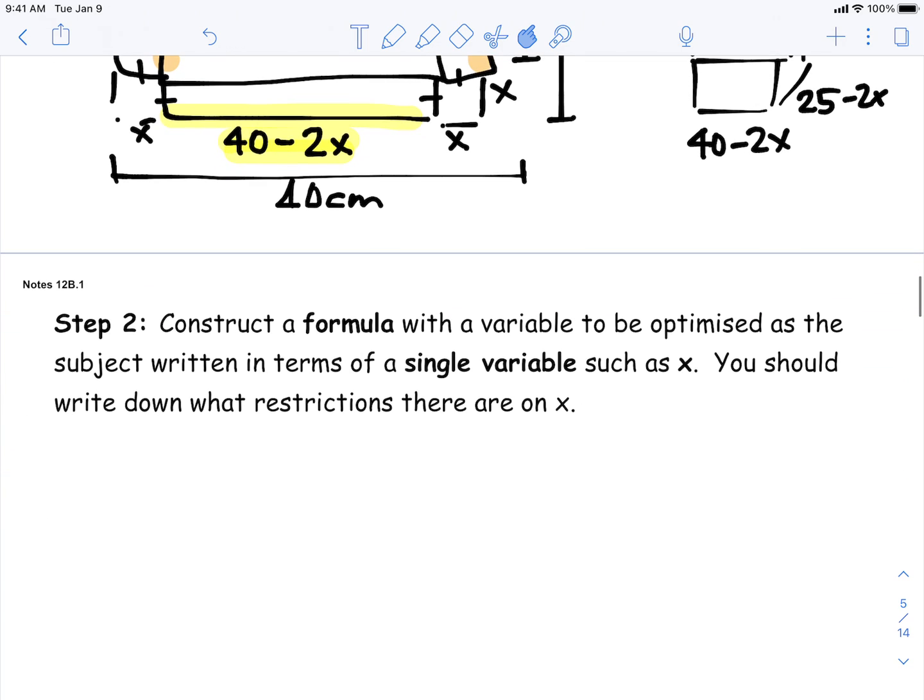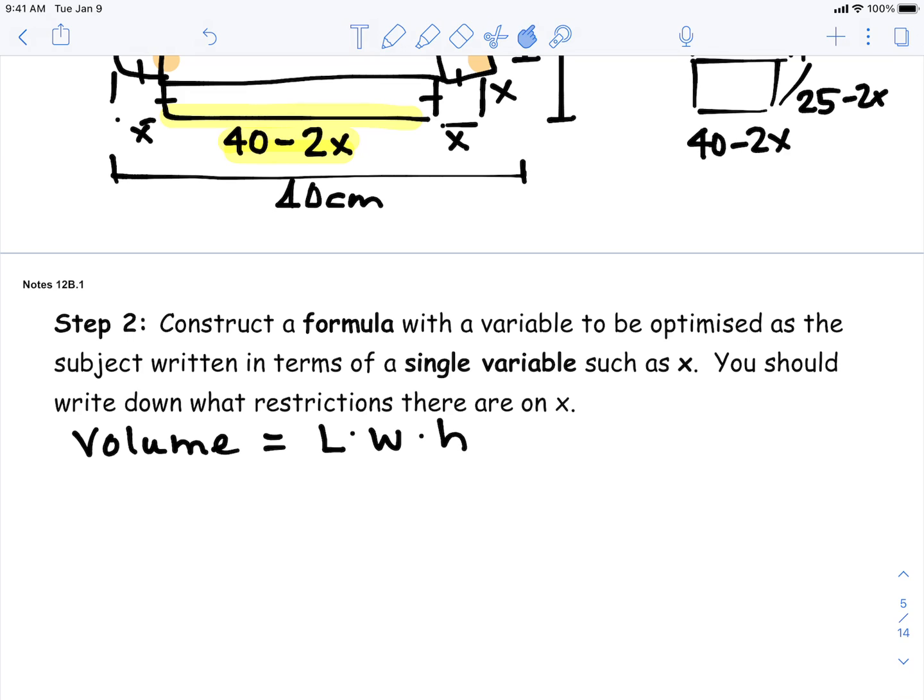All right, step two is we want to construct a formula with a variable to be optimized as a subject written in terms of a single variable X, and then figure out its restrictions. So the volume of a three-dimensional figure is length times width times height.